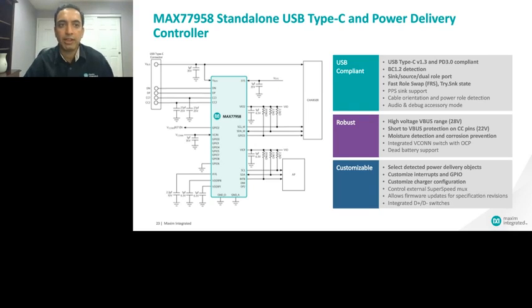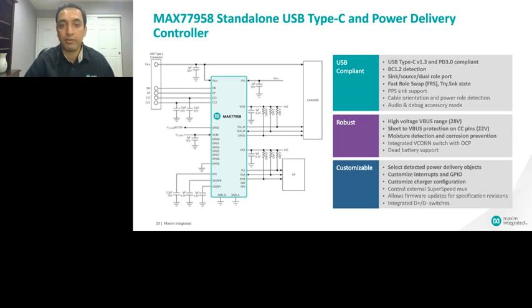So with the Max 77958, this is a very unique product because it allows you to customize the behavior of your system and also be compliant to the USB power delivery standard. You have built-in Type-C detection as well as BC 1.2 detection. Many of the products for power delivery on the market today do not contain the BC 1.2 detection, so this is the only product, the Max 77958, that does include it.